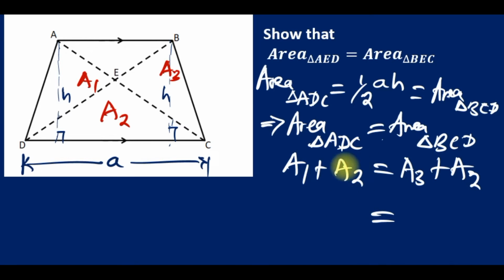They have a common term, which is A2. Therefore, A1 must be equal to A3, which is what we are asked to prove.